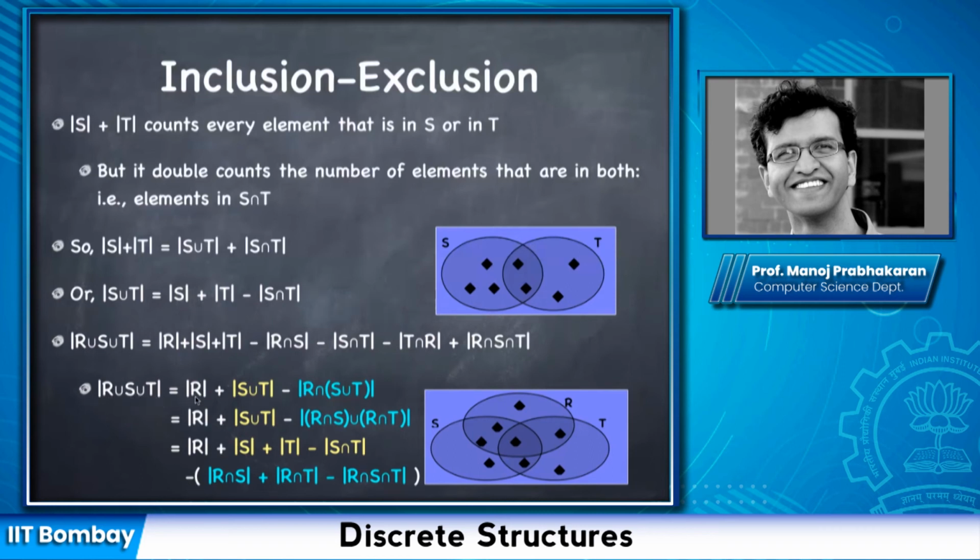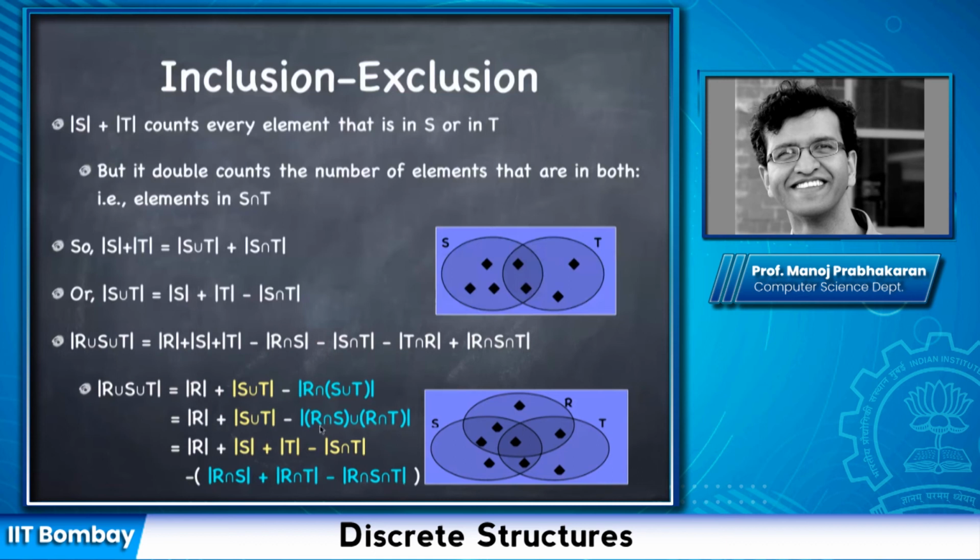That's size of R plus size of S union T minus the size of the intersection between R and S union T. Then you expand this using the distributive property, and then you expand S union T using the inclusion-exclusion principle for 2 sets, and this is what you are left with.